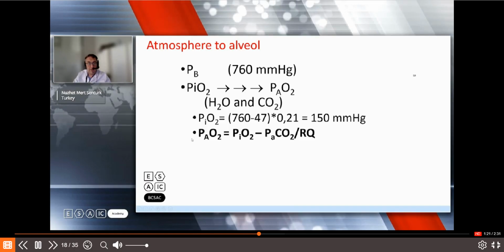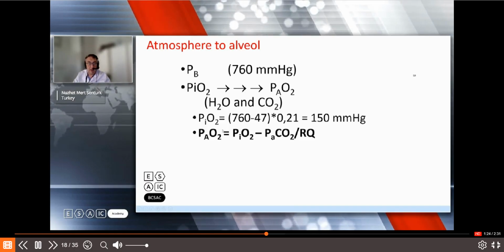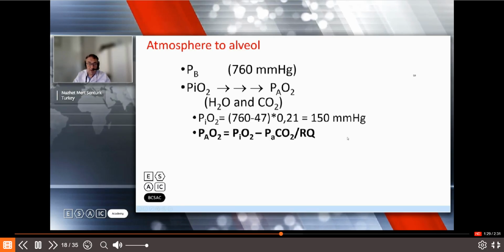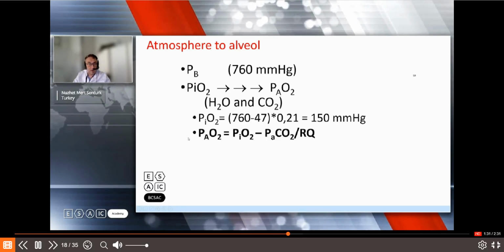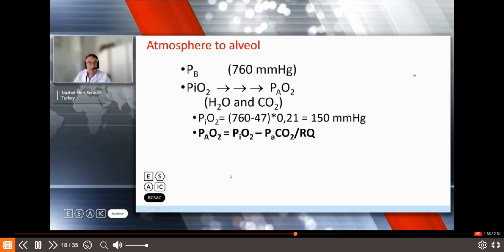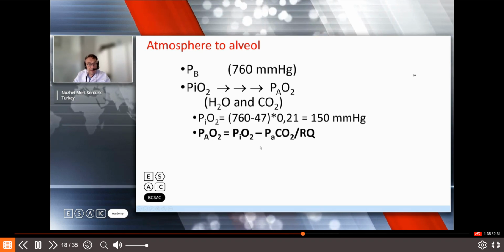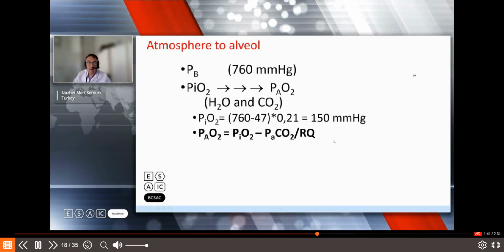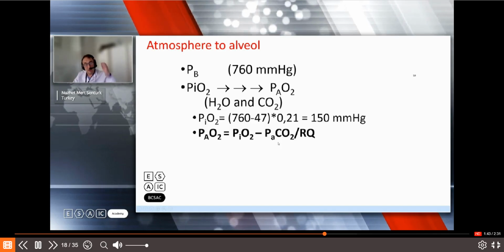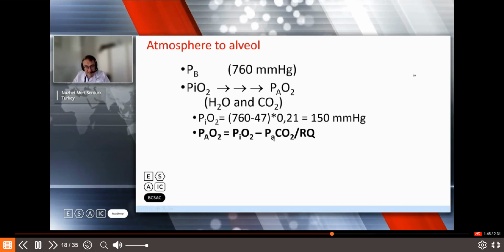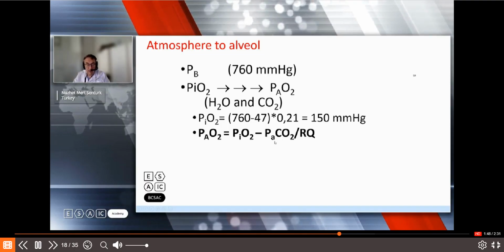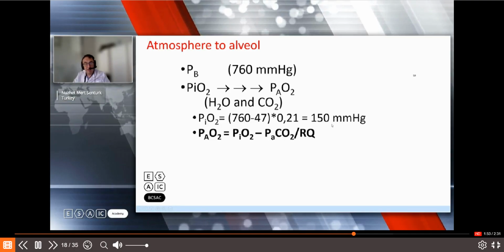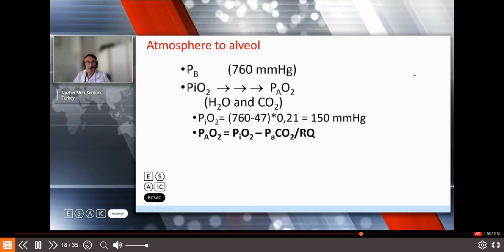Then we have the famous alveolar gas equation. You have to know this alveolar gas equation for each and every possible examination that you will have in your academic life. Alveolar oxygen pressure is the inspiratory oxygen pressure minus the alveolar CO2 pressure. And to calculate it, I use the arterial CO2 pressure, you see here, divided by the respiratory quotient, which is 0.8 in normal patients.